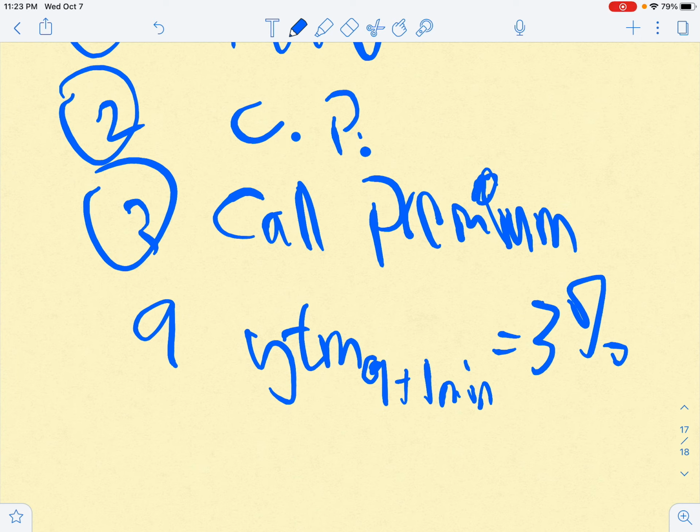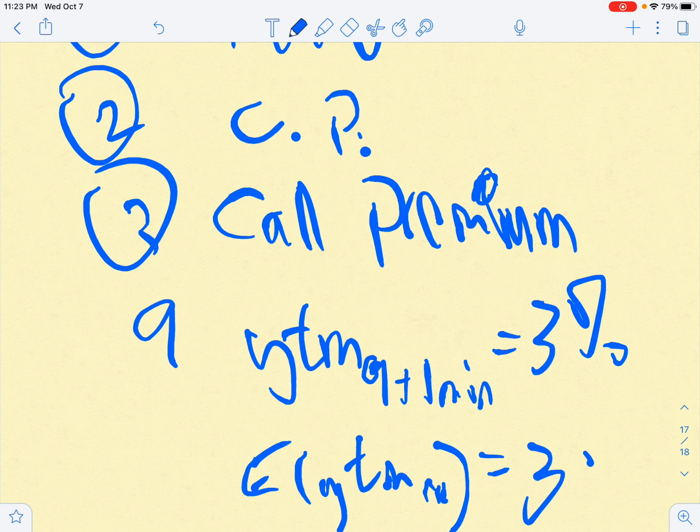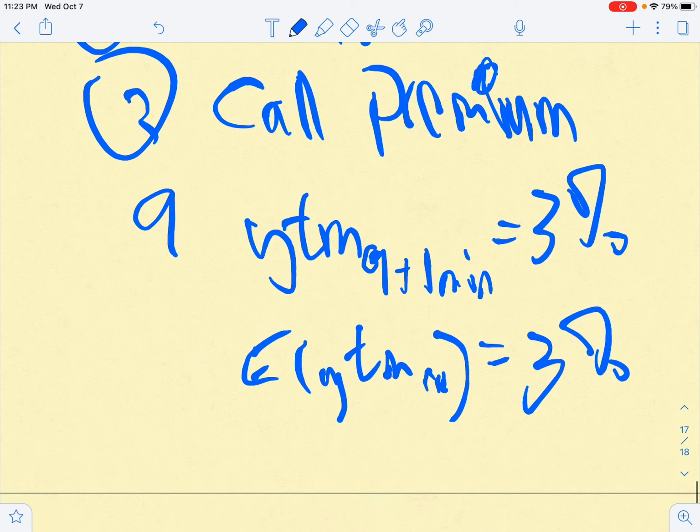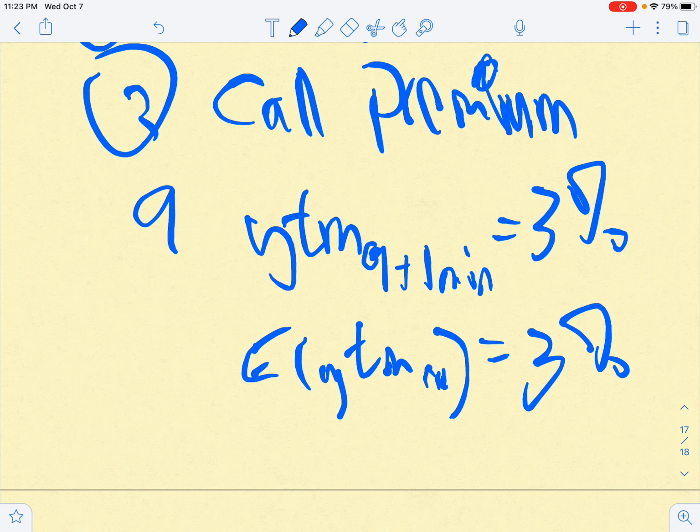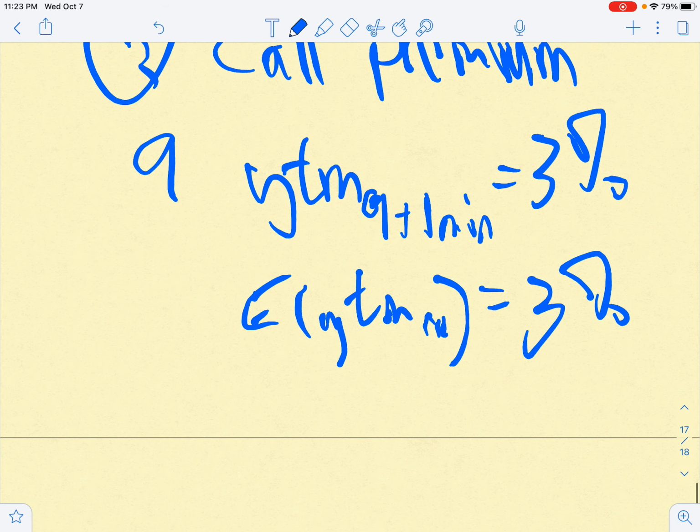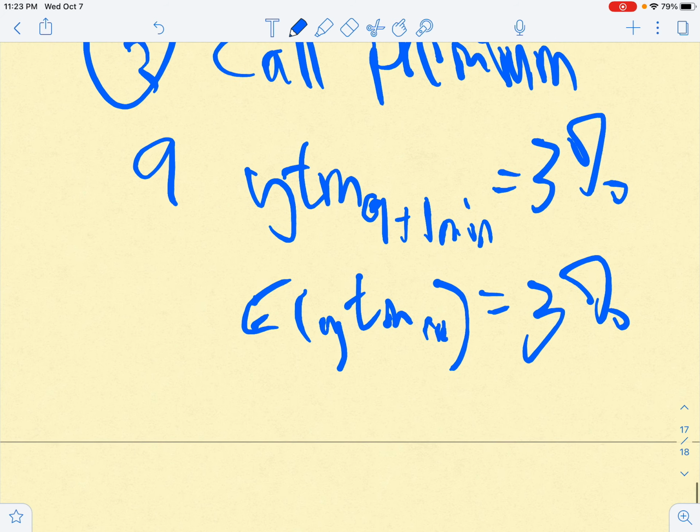Okay? And probably more importantly, the expected yield to maturity at date 11, when the bond is first callable, is also 3%.